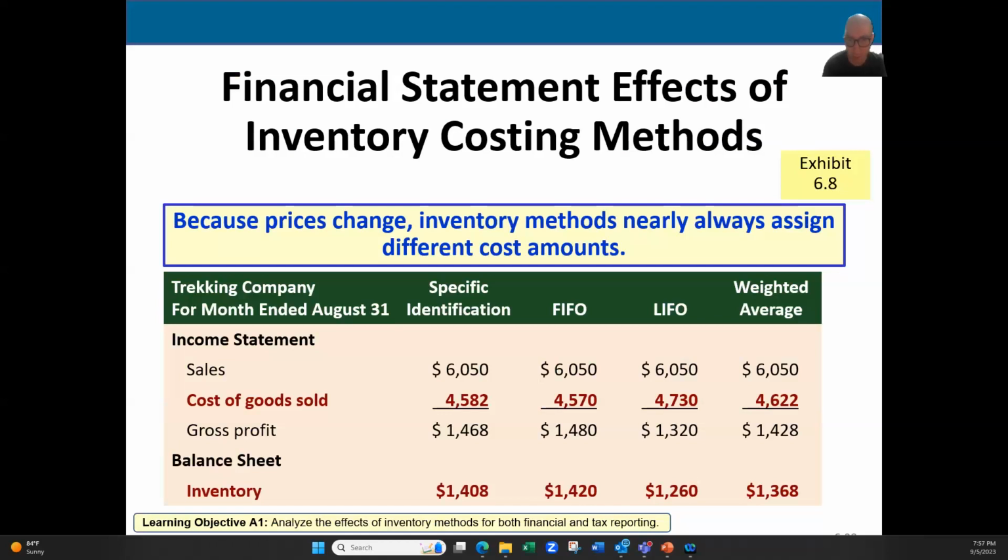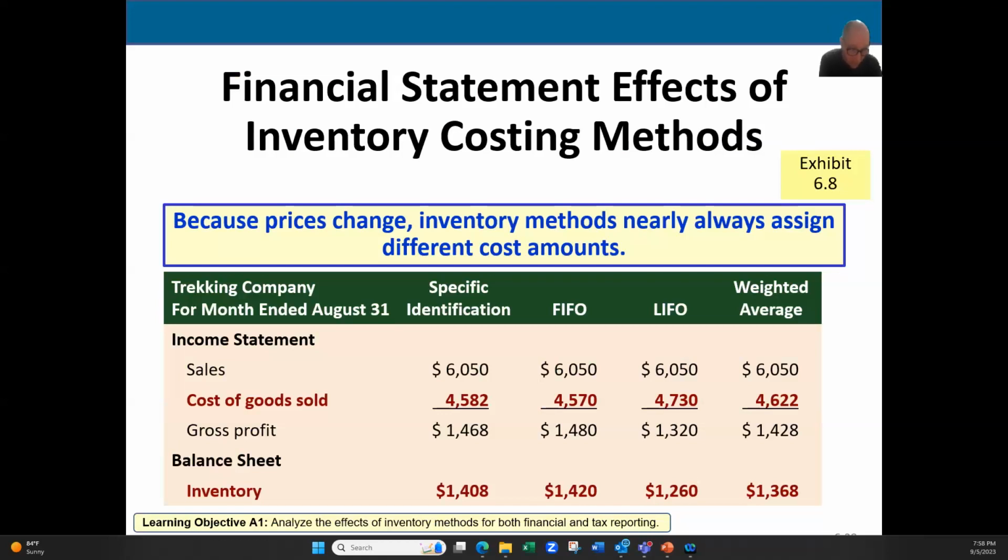First in, first out had the lowest cost of goods sold, which gave us the highest gross profit. It also gave us the highest inventory balance. On the lower side for gross profit, we had last in, first out, which also gave us the lowest inventory balance.